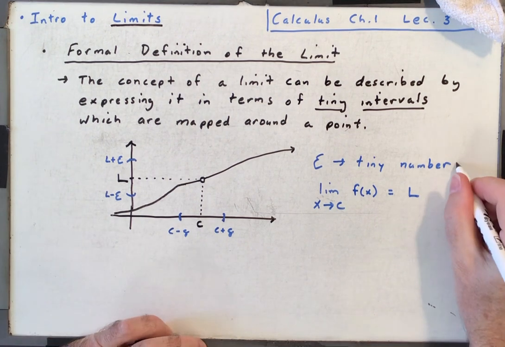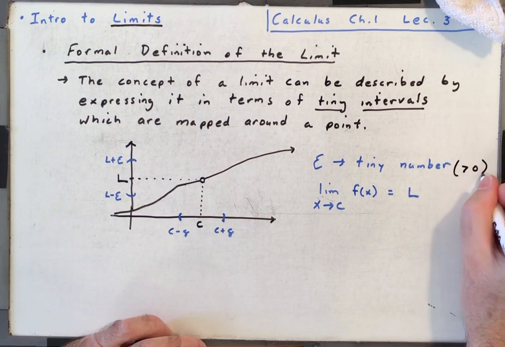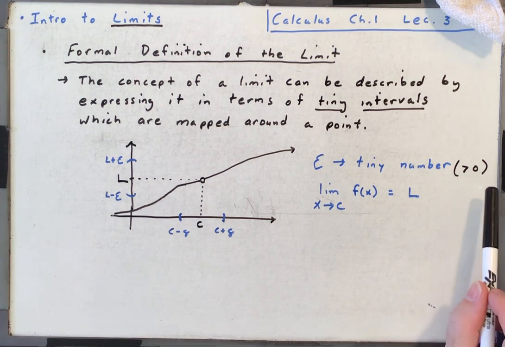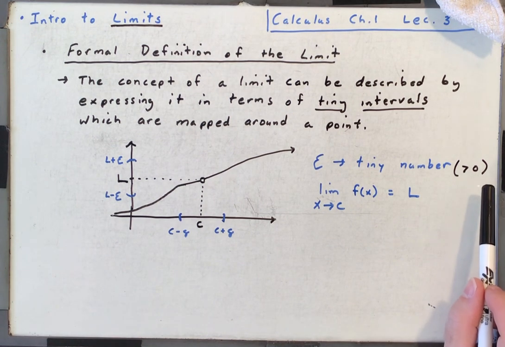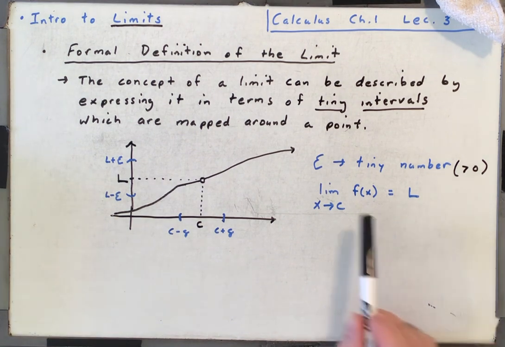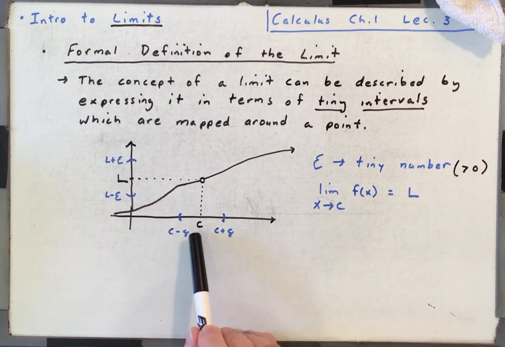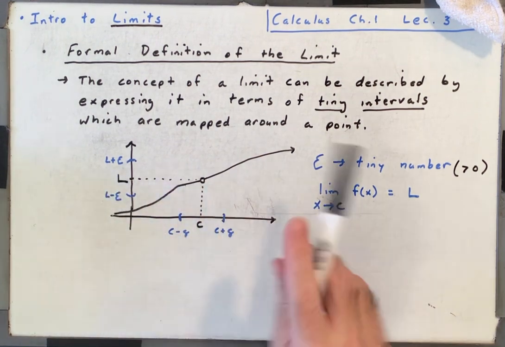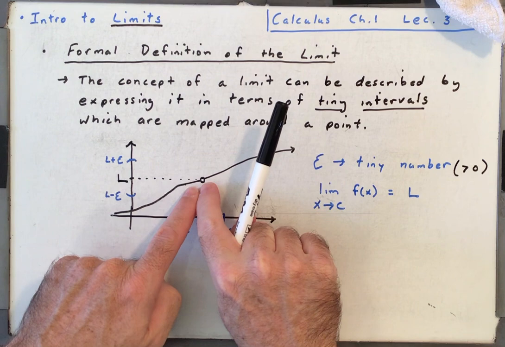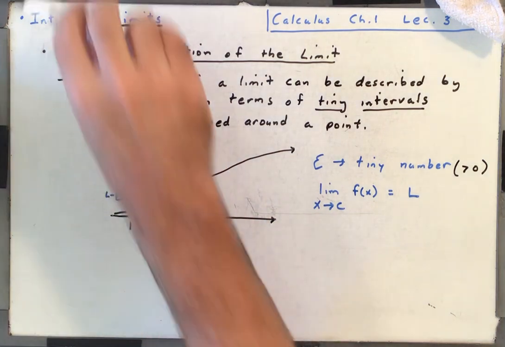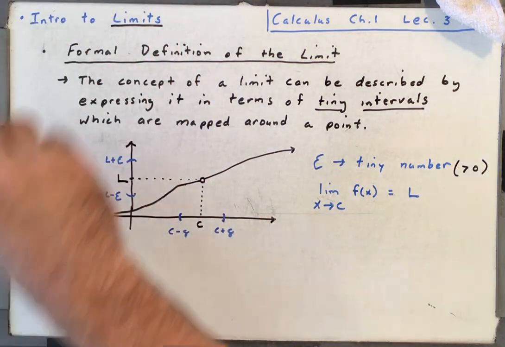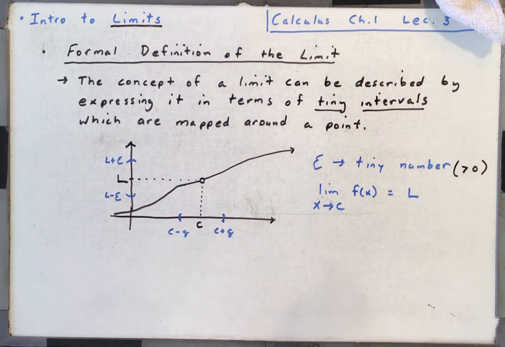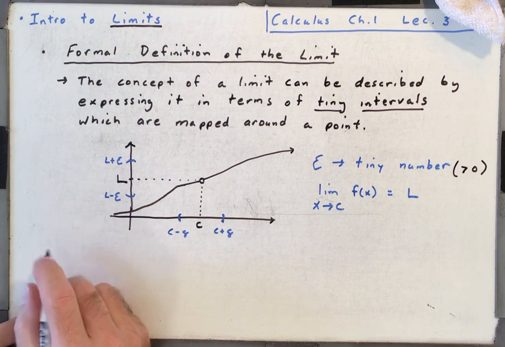And it must be greater than 0 also. Epsilon is a tiny number, like a billionth or a trillionth, but it's greater than 0. So the limit as x approaches c of this function f of x is equal to L, the y value where your hands come together at x. So this is the fancy definition, which is not nearly as bad as it looks when we do the problems.